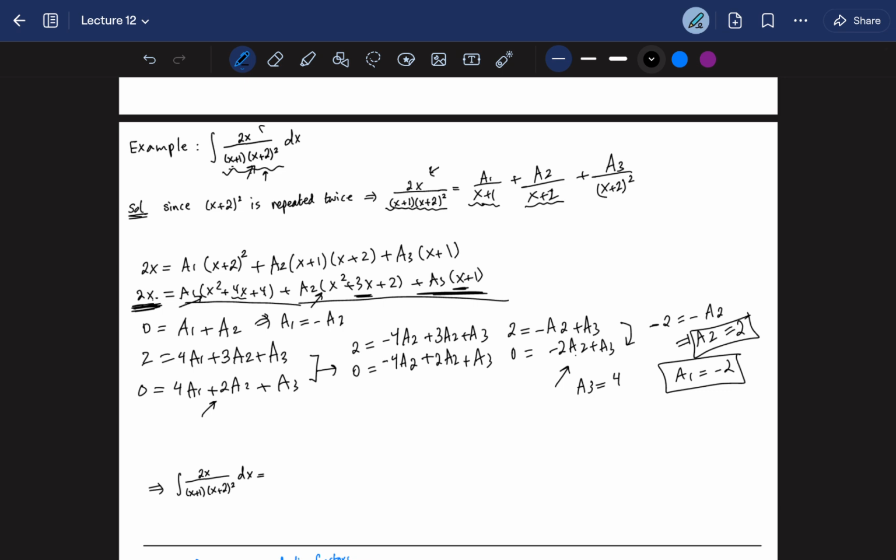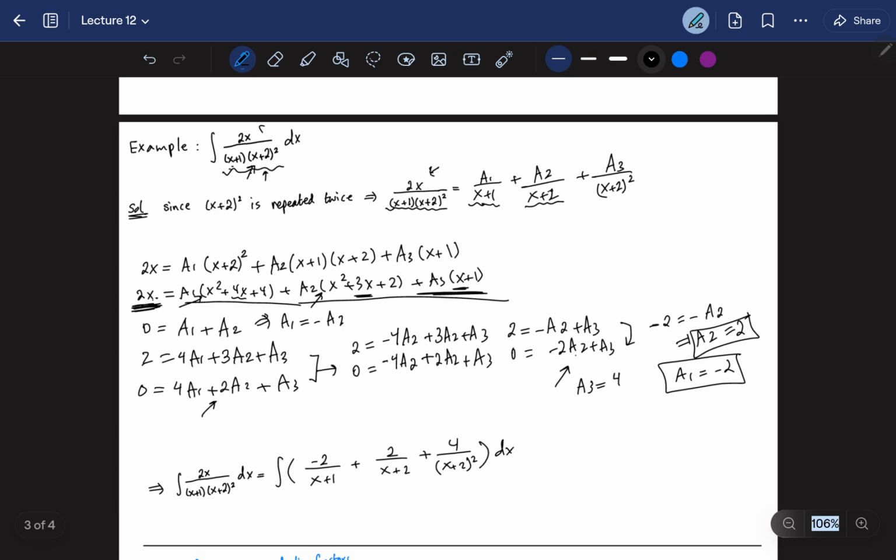Okay, so now if we plug everything back into the fractions, we're going to get this integral to equal negative 2 over x plus 1, plus 2 over x plus 2, plus 4 over x plus 2 squared.